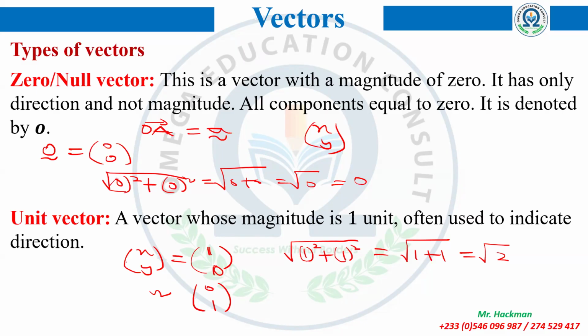Please, why is it that in the statement you didn't just put 2 units, like the first one, 0, 0, so that you just explain it, but then you wrote 1, and now the final answer is 2? Which one? The unit vector. Why isn't it a vector whose magnitude is 1 unit, often used to indicate direction?